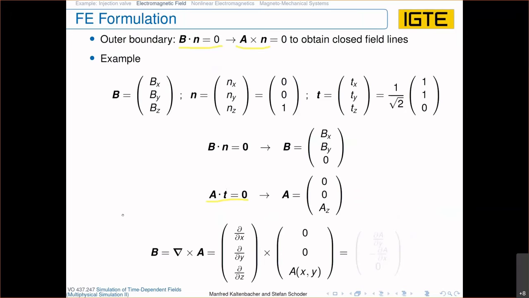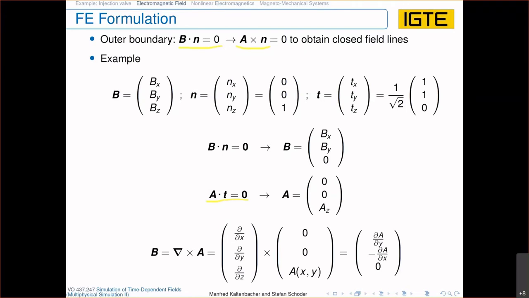If we take the curl of such a vector potential, just having the z component different from 0, we get automatically, as you can see here, a magnetic field which can just have values different from 0 in the x and y components, and these are the components living in the tangential plane.